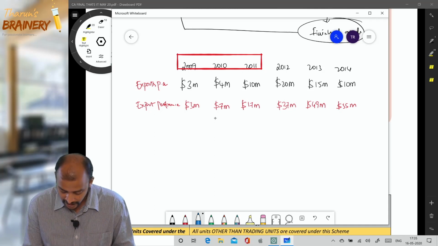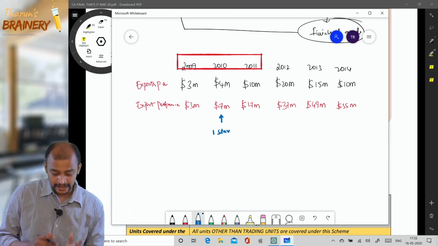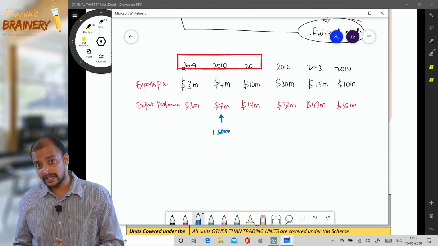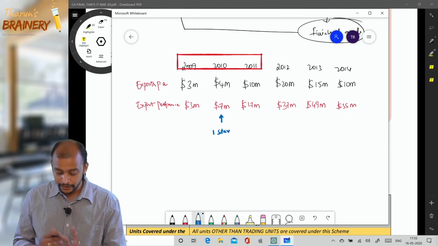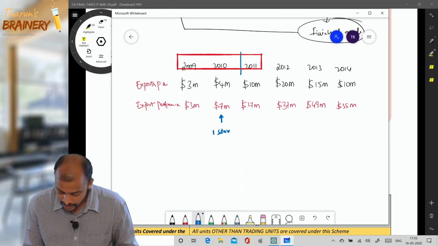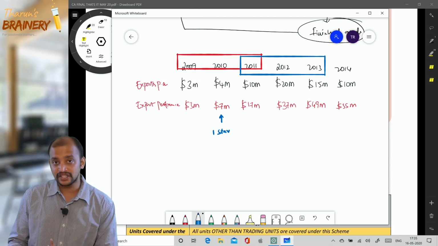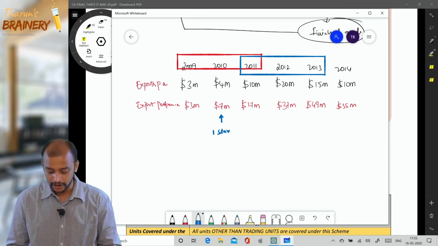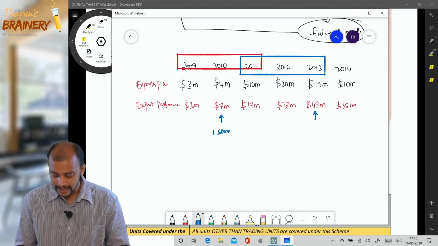So you will be given 1-star status in 2010. Then what is the next one? 25 million. So for 25 million, where are you achieving? You take the next block, that is 2011, 12, 13. In this block, you have achieved 2 times $25 million. So therefore, when you achieve 2 times, that is 2013.